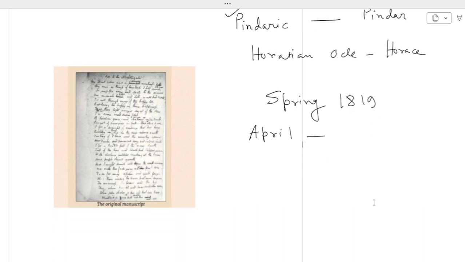So the nightingale's song is on the one hand, and on the other hand we meet the poet, John Keats. At that time Keats is in his friend Charles Armitage Brown's house, residing in Hampstead.